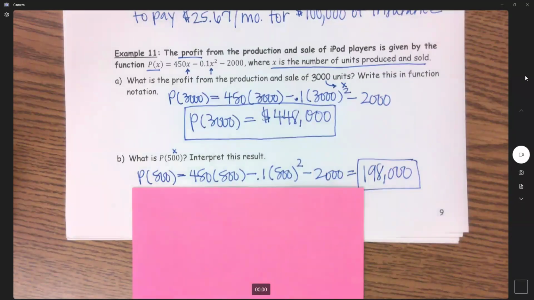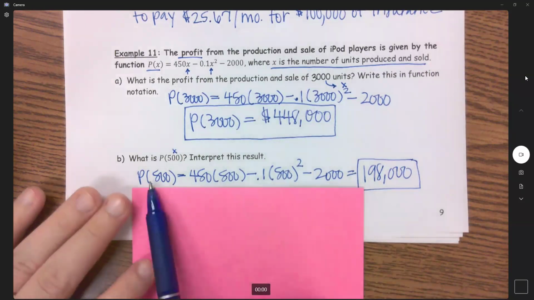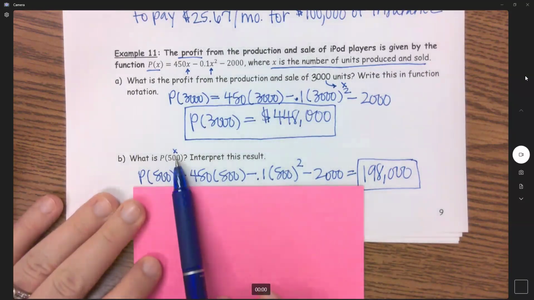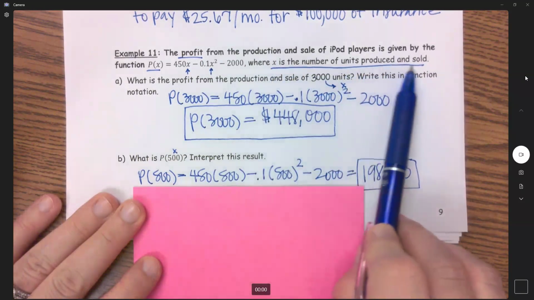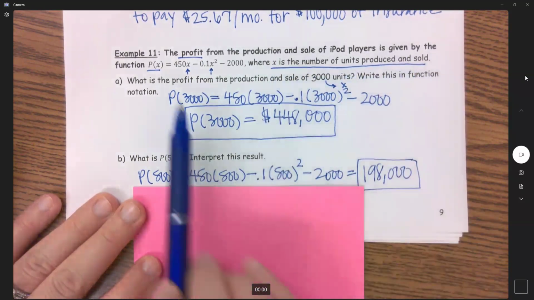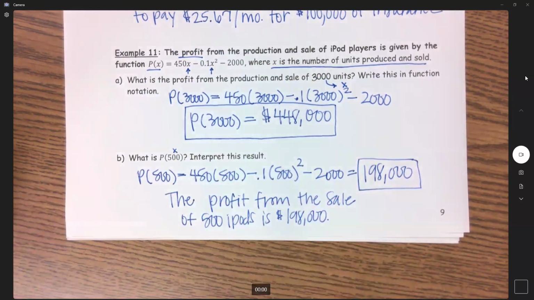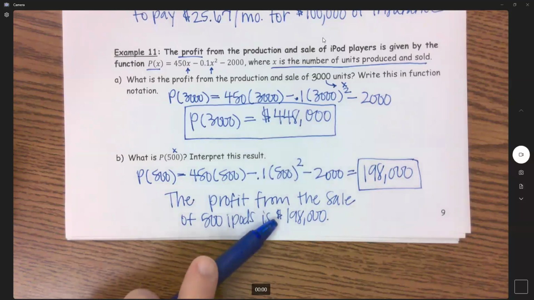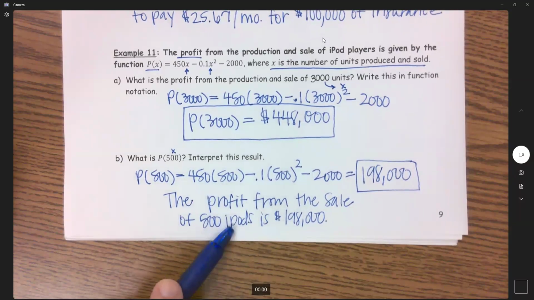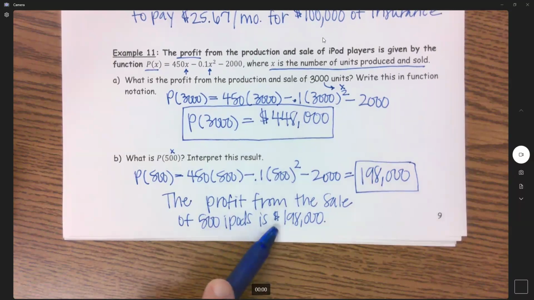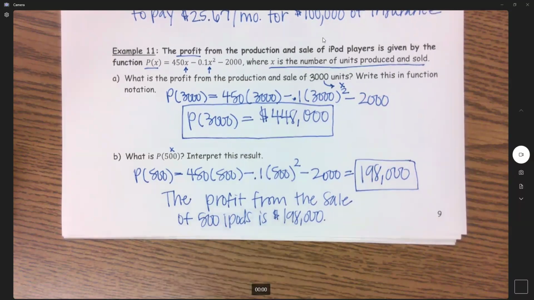We have P of 500, and 500 was my x, which represents the number of units produced and sold. My P of x, whatever this equals, is my profit. So the profit from the sale of 500 iPods is $198,000. Make sure you have that dollar sign. Word problems need word answers, or at the very least, units. So 500 iPods is the keyword I would be looking for, and $198,000.